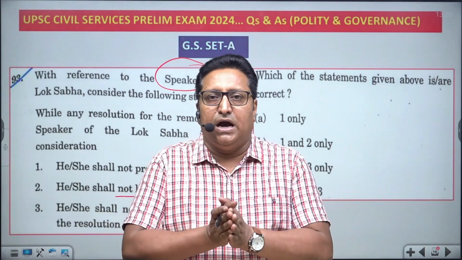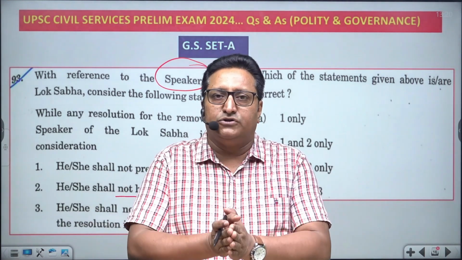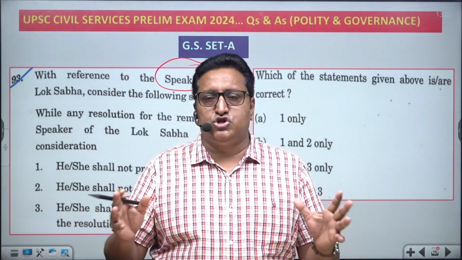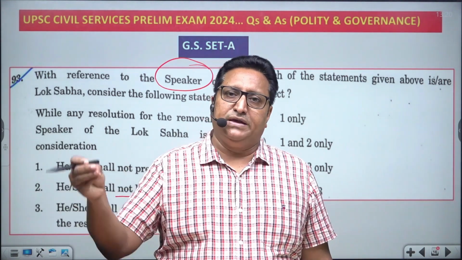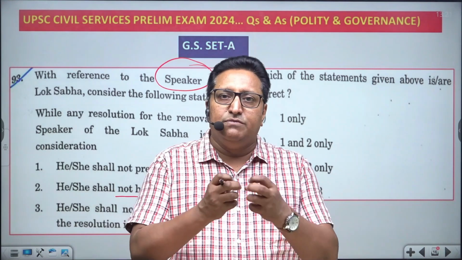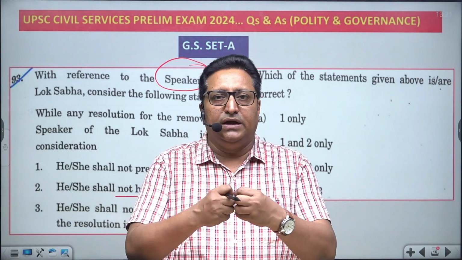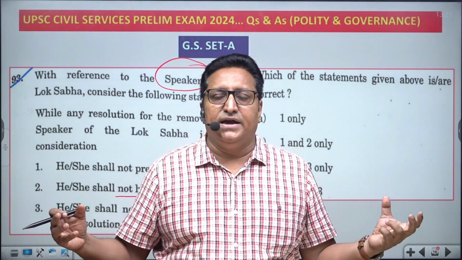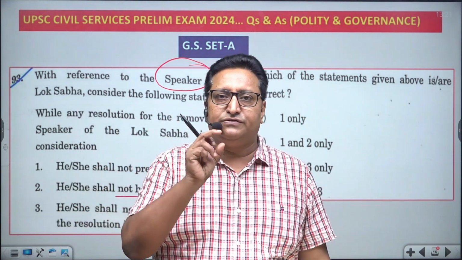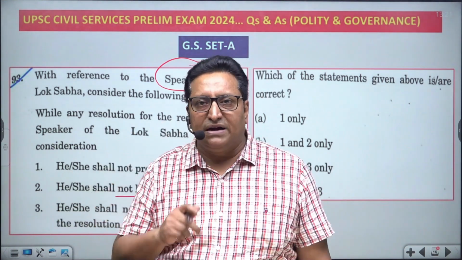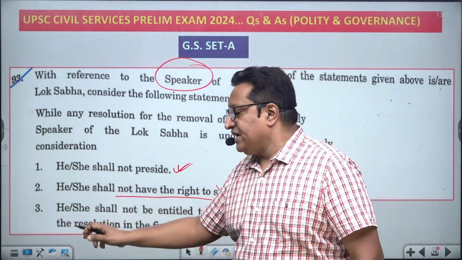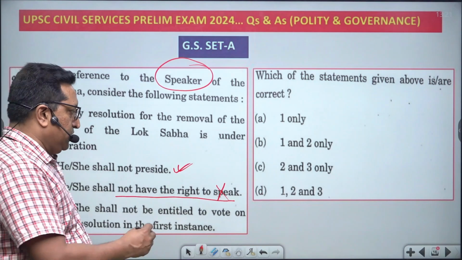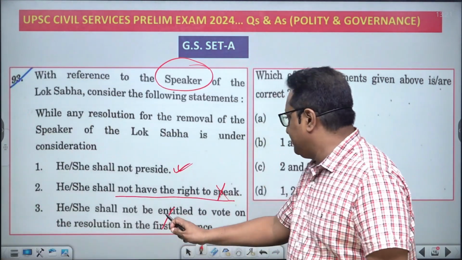If in the House there is an equality of votes on a particular resolution, the passage of a bill or a motion, then the Speaker steps in and breaks the tie by casting his vote. So his vote is called the casting vote. But this does not apply in this case, when a resolution has been taken up to remove the Speaker, right? So this is not correct.